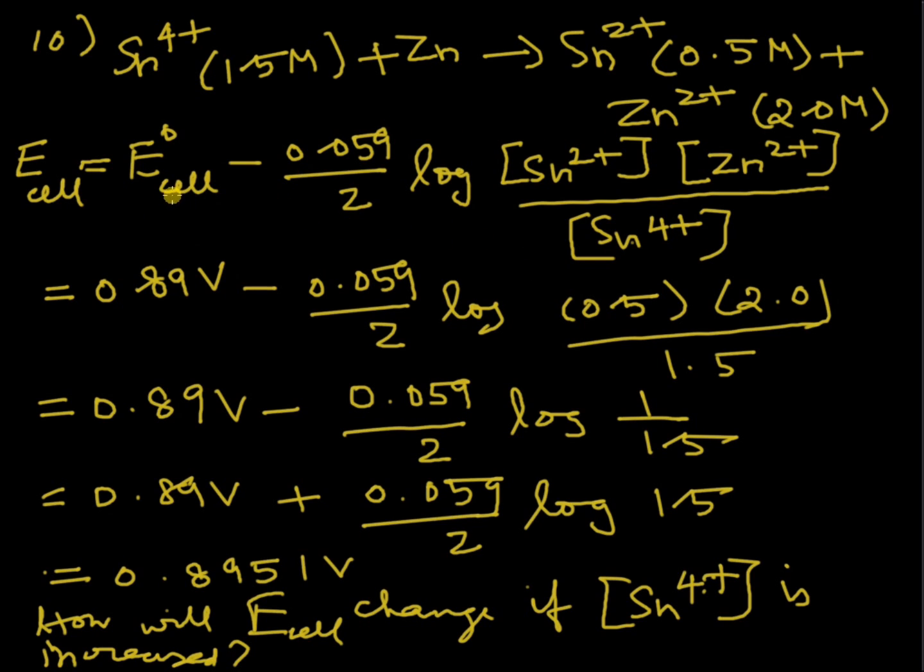I suppose you are able to see that clearly. Instead of 1.5, if you have a higher value, say 2 or 2.5, whatever it is, the second term will reduce in value, and so there will be net increase in value. So when we increase the concentration of the Sn4 plus ion in the cell, the E cell value increases. That will be your answer.